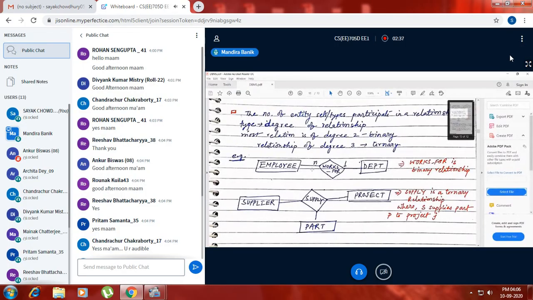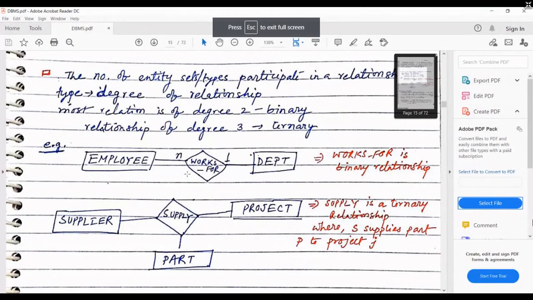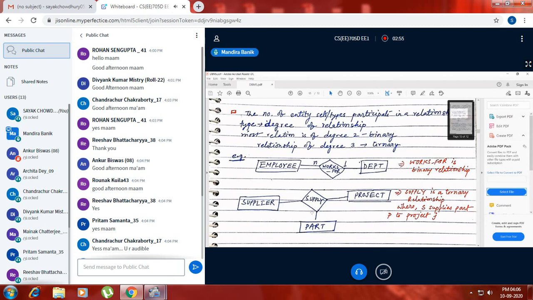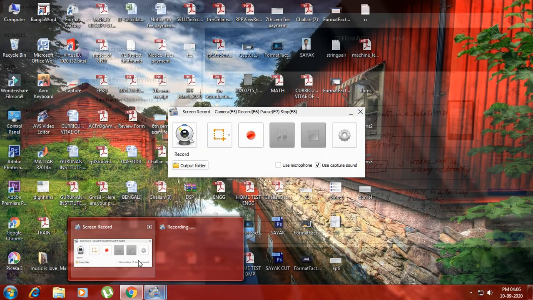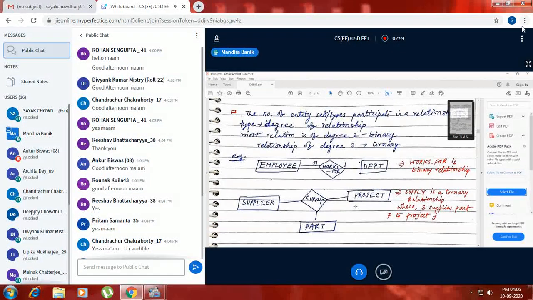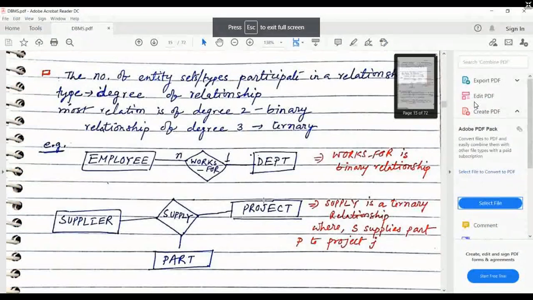Here only 2 entity types, department and employee, are participating in a relationship works for. That's why it is degree 2 or binary relationship. And here 3 types of entities, supplier, part and project, are participating in the relationship, so it is of degree 3 or ternary relationship.